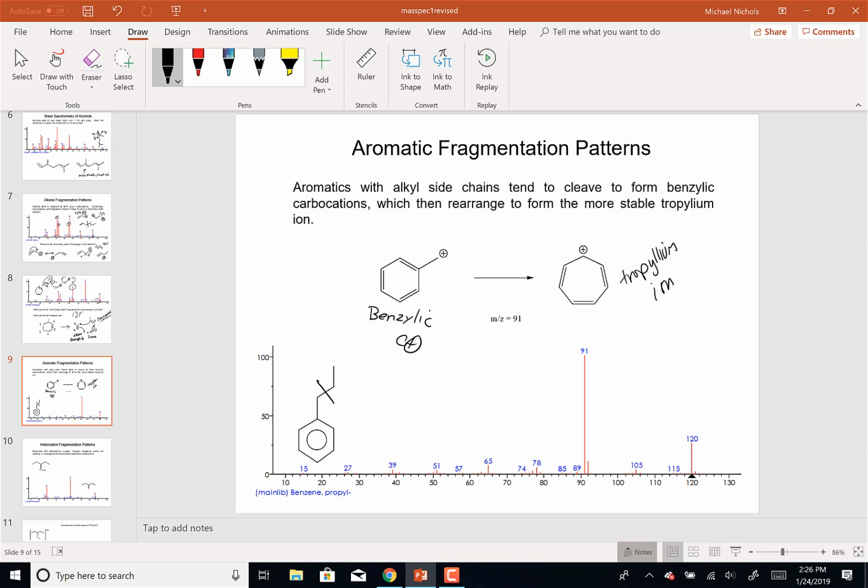So 91 is a critical one for looking at aromatic compounds, because it'll tell you it's an alkyl benzene. That one, I'm going to ask you to write the resonance structures. So that's aromatic. That's the alkyl aromatics.